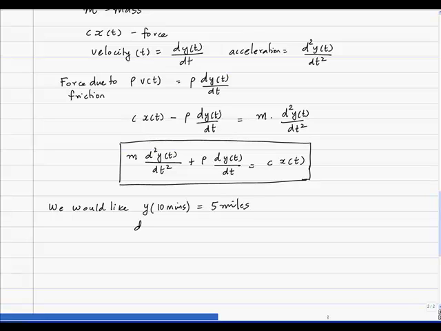And further, I would like to park my car there. So not only do I want to get there, I want to make sure my velocity is 0 as well. And I'm a law-abiding driver, so I would like to make sure that the speed never exceeds the speed limit for all values of t between 0 and 10 minutes.